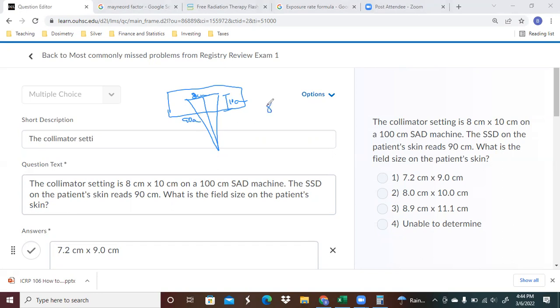So again, we've got 8 cm, which is equal to 100 cm. These are similar triangle arguments. X is what we have here at 90.